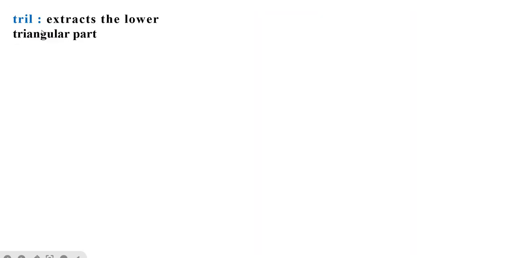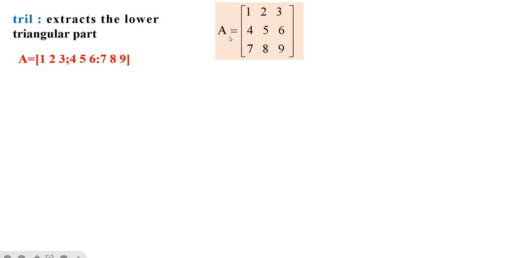Next is TRIL, which will extract the lower triangular part of the matrix. Suppose I have a 3 cross 3 matrix for which I'll write the command as A = [1 2 3; 4 5 6; 7 8 9]. This should be a semicolon, it should not be a colon. So here you get A as a matrix of 3 cross 3 order. Now here I will perform B = tril(A).